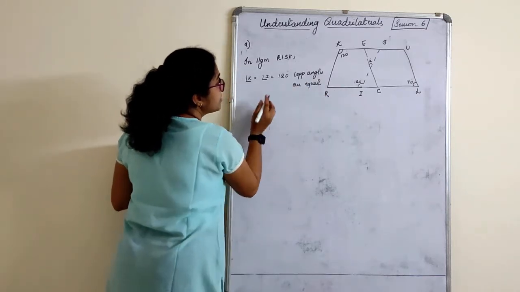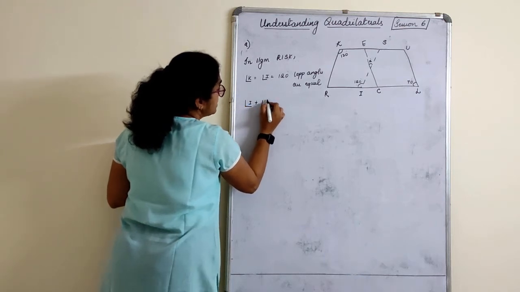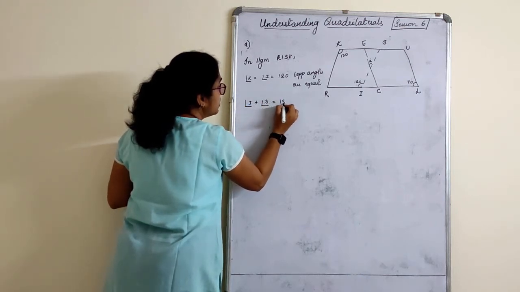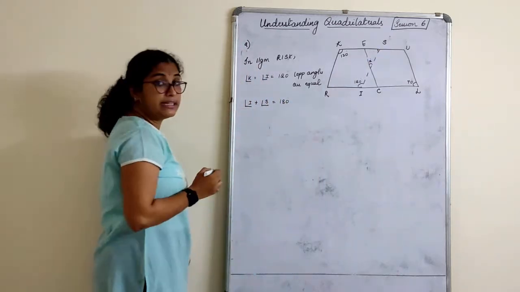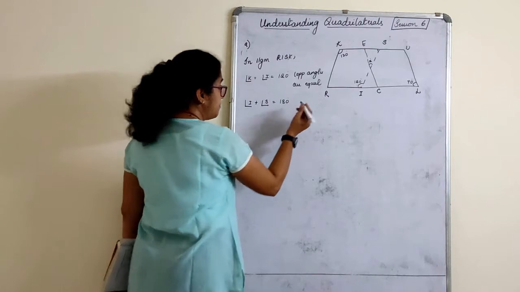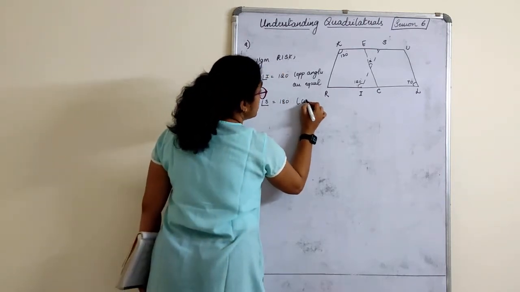So this we found out. Then angle I plus angle S is equal to 180. Why? Angle I plus this angle is equal to 180. Consecutive angles are supplementary. I am using parallelogram RISK only.